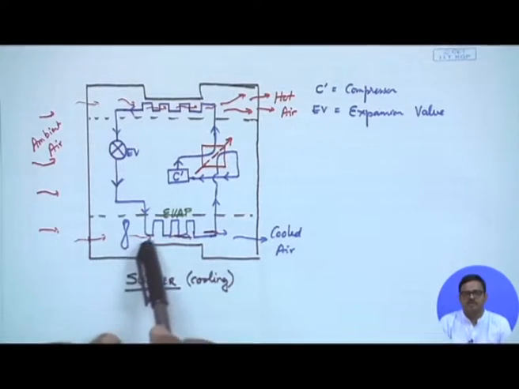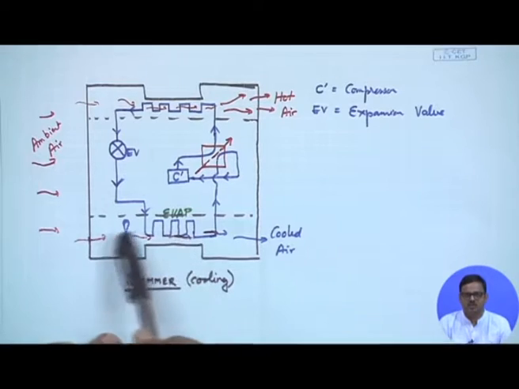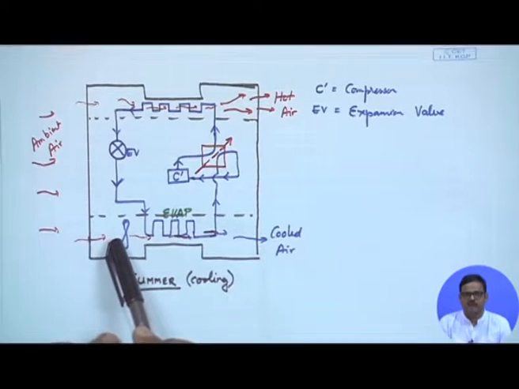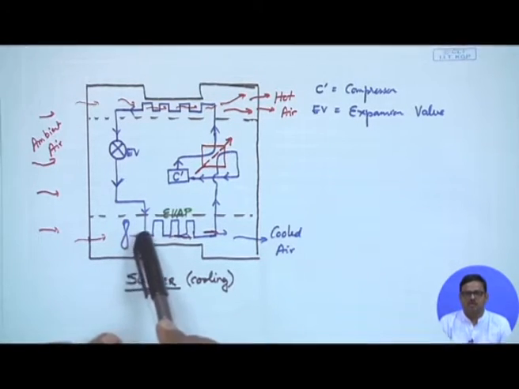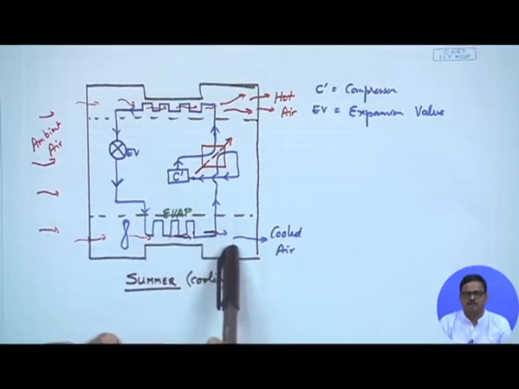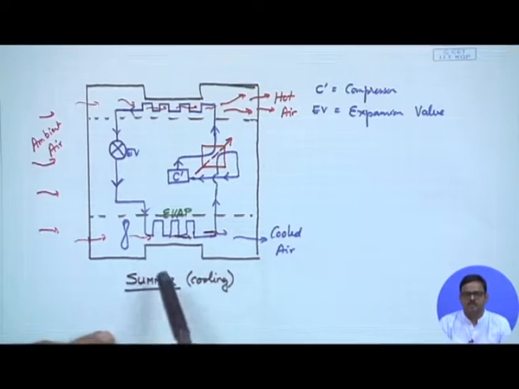So we have the evaporator unit inside the room, and we have the warm ambient air go over the evaporator, and what comes out is cool air, which we can use to cool down the room. This is pretty much the way the normal room air conditioners work.